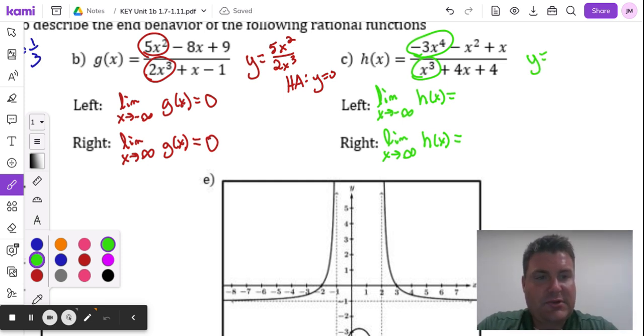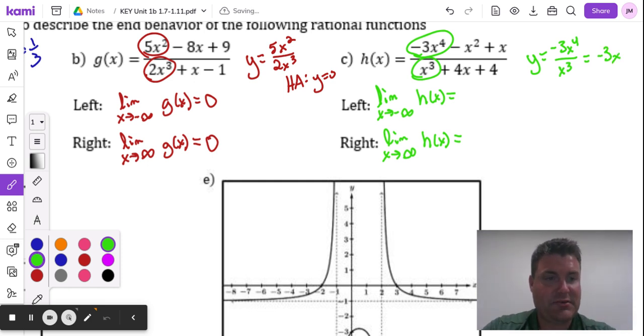So I'm going to get y equals negative 3x to the fourth. Did I say squared? I meant to the fourth. Okay, and this actually reduces down to negative 3x. So my horizontal asymptote is negative 3x, which is that line right there. It's got about a slope of negative 3. This helps me for the end behavior because I can see where the slope is.